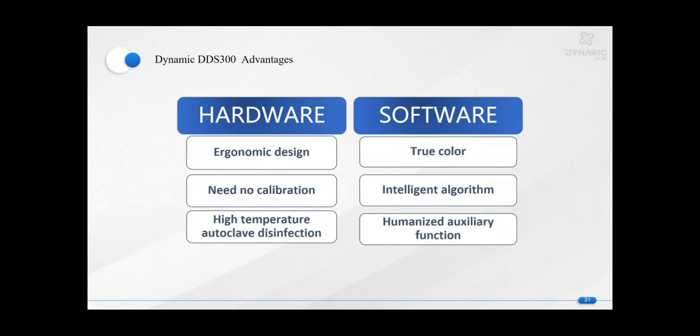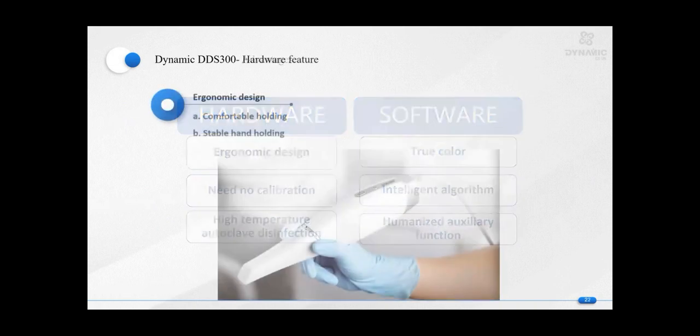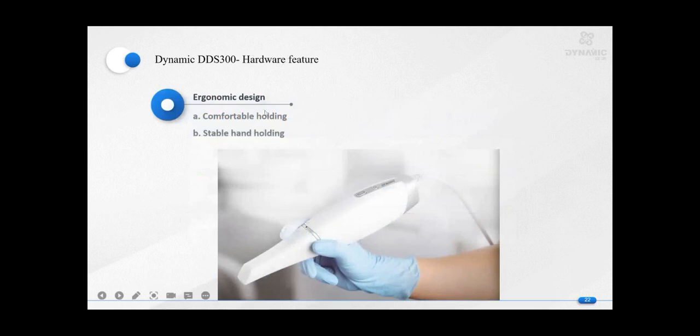The first feature of the hardware is the ergonomic design. The DDS300 was designed with the importance of ergonomics in mind. You can see from this picture, the appearance design of the DDS300 is relatively round.